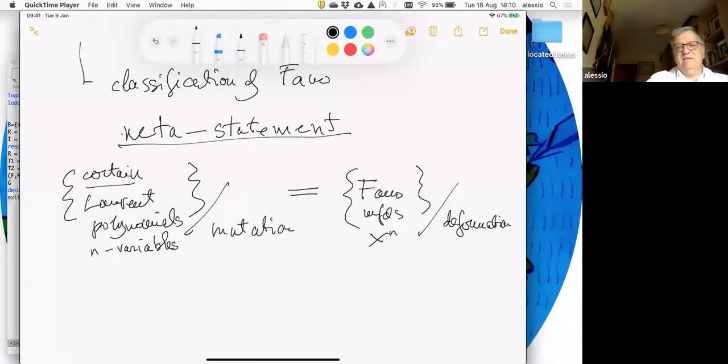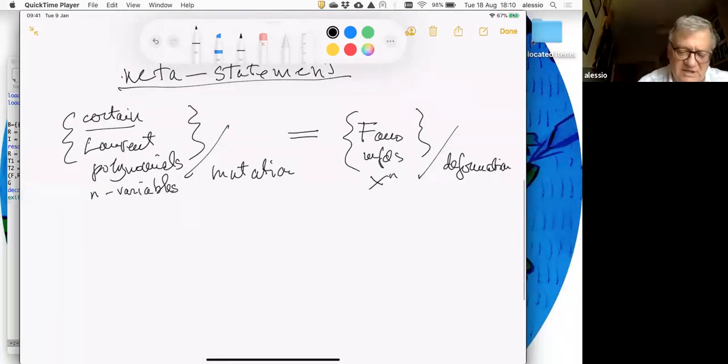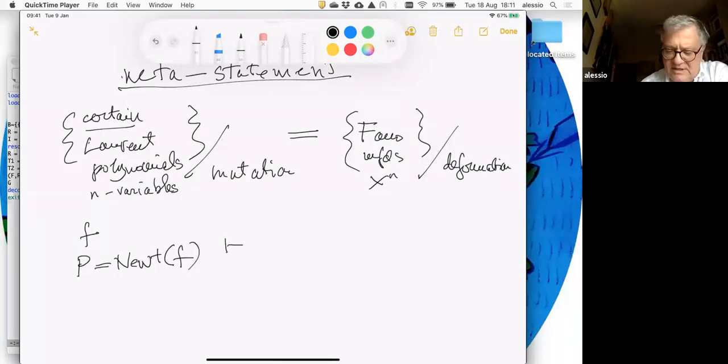Roughly speaking, the way this works is that you take a Laurent polynomial f, and then you form its Newton polytope P. And out of the Newton polytope, you build a toric variety X_P.